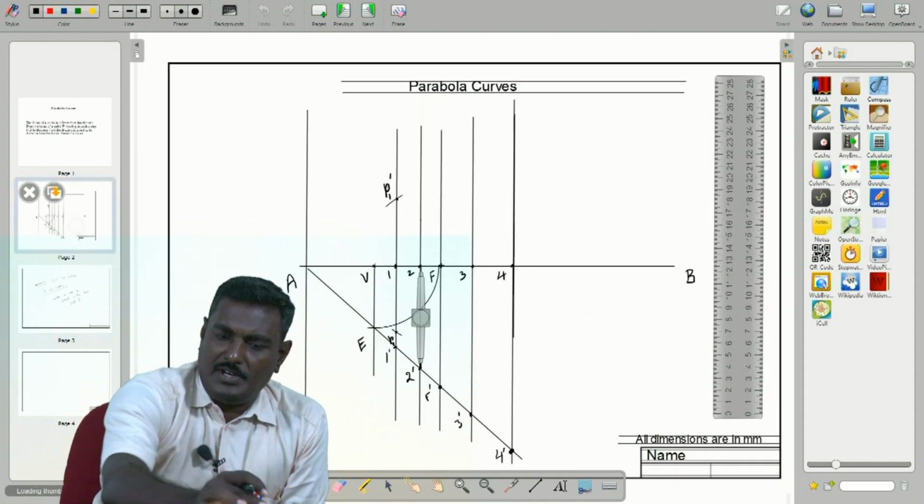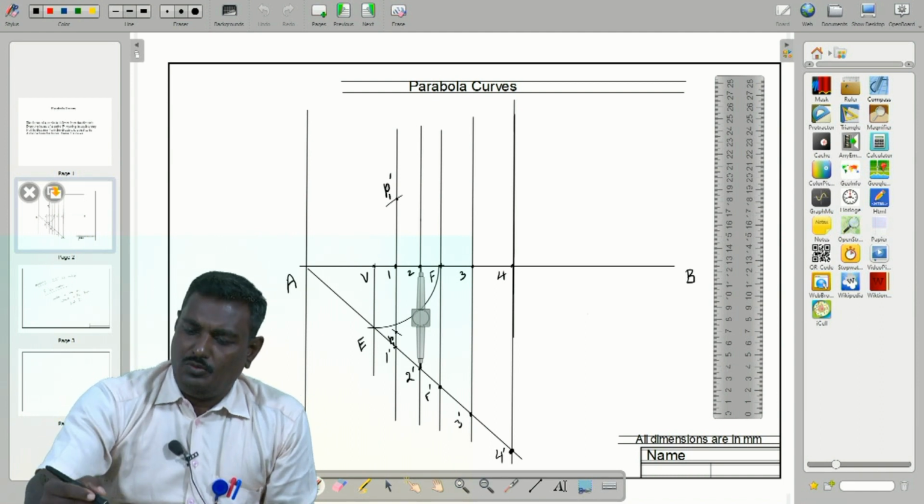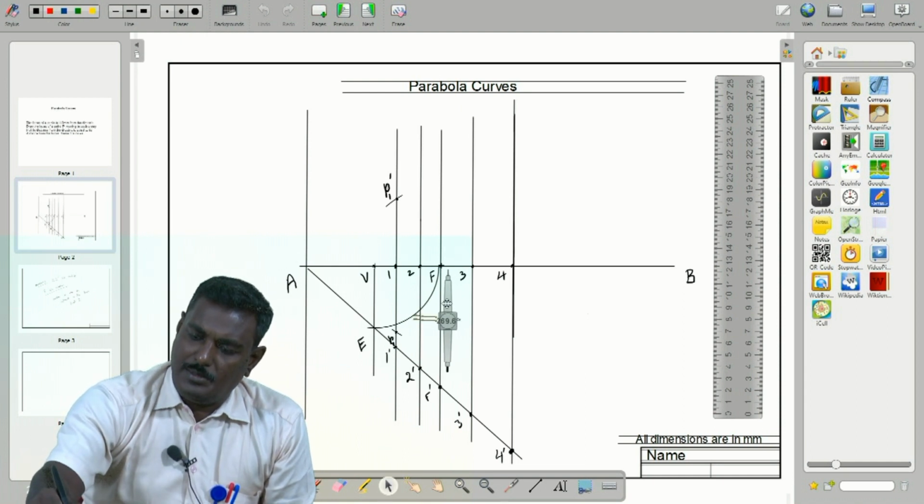In similar fashion, measure 2 dash as radius. Now we place the compass with F as center.